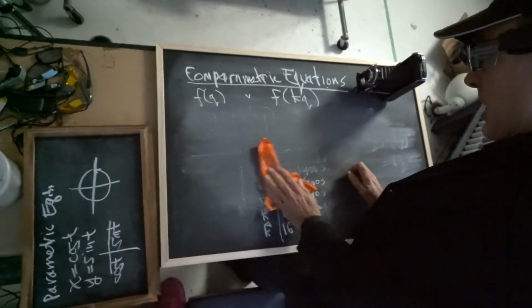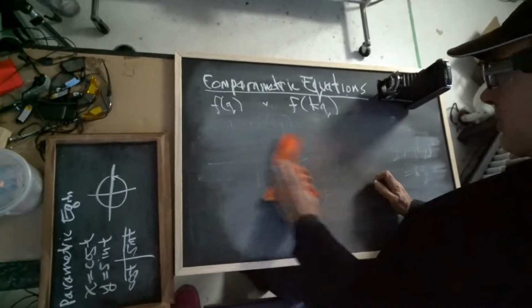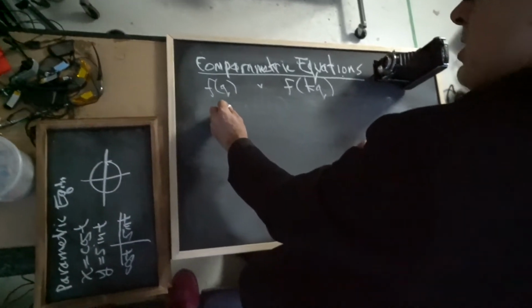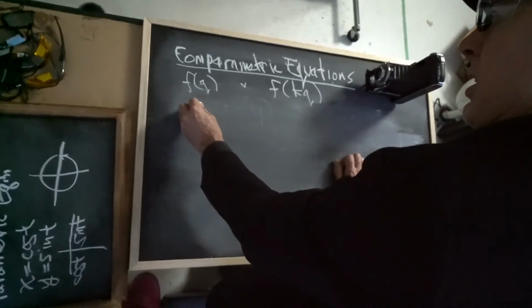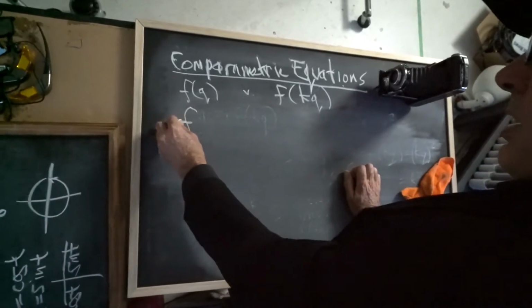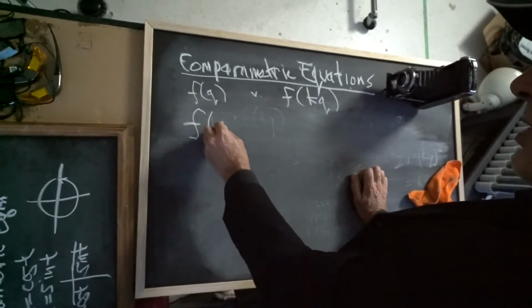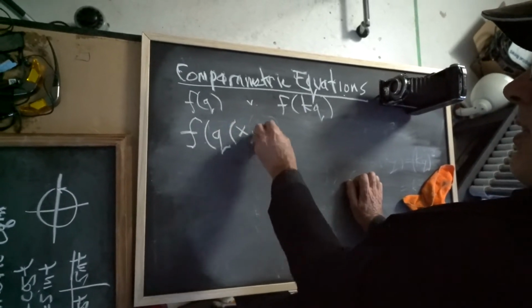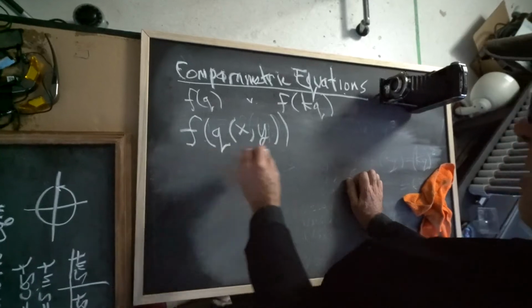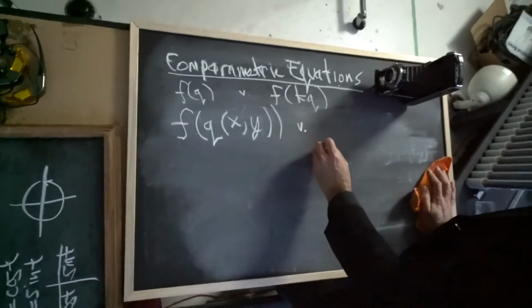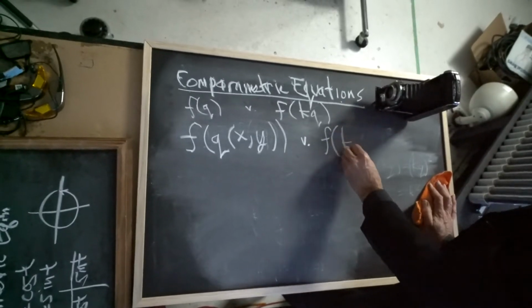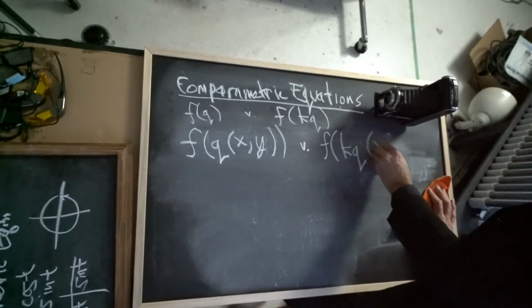If we look at that in terms of exposures, we're going to have some function. A picture is some function of some quantity q of x and y, and more generally, comparametrically, versus some function of k times q of x and y.